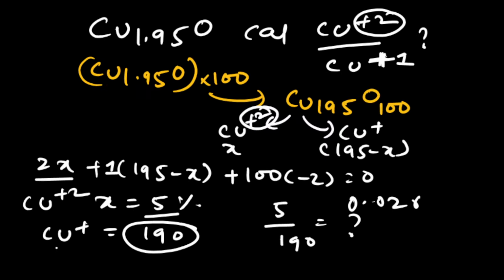I am asking for Cu plus 2 by Cu plus 1. Cu plus 2 I got as 5, Cu plus 1 I got as 190. Okay? Right. Done. Next one.